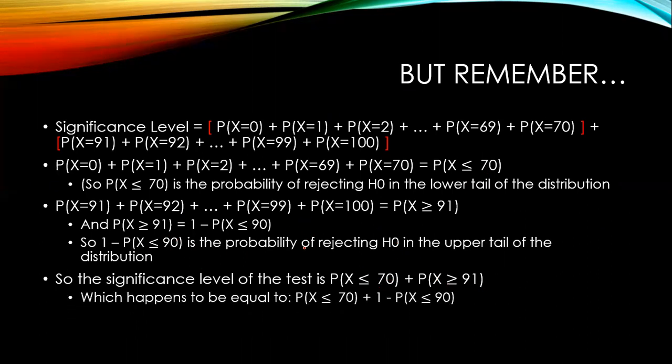Because of the calculation we just explained, this is exactly the same as the probability of getting less than or equal to 70 successes, plus the number 1 take away the probability of getting less than or equal to 90 successes, because the probability of getting more than or equal to 91 successes is the same as 1 minus the probability of getting less than or equal to 90 successes.